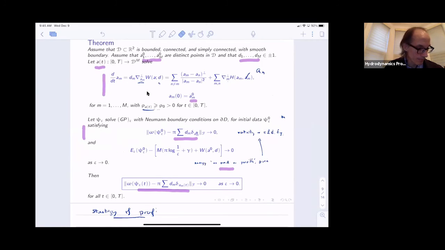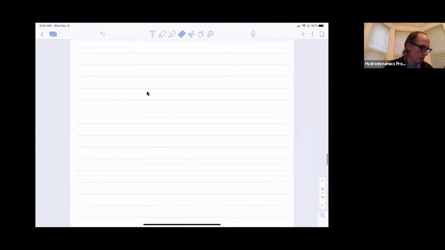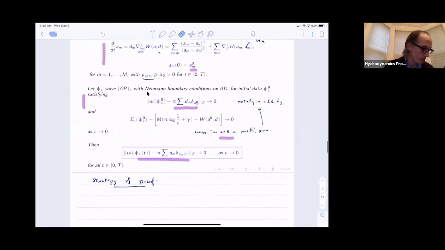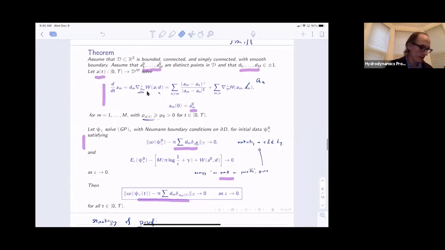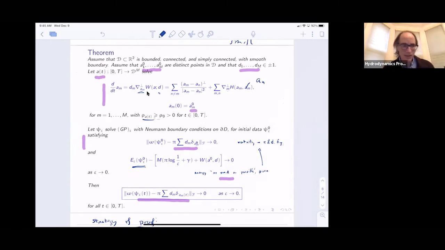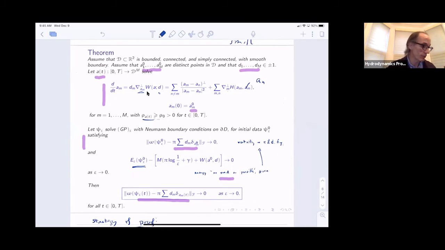And we've seen that for the Gross-Pitaevskii equation, this energy is preserved by the evolution, so it is independent of time. And it's also easy to check that for this system of ODEs, this W is preserved by the evolution.